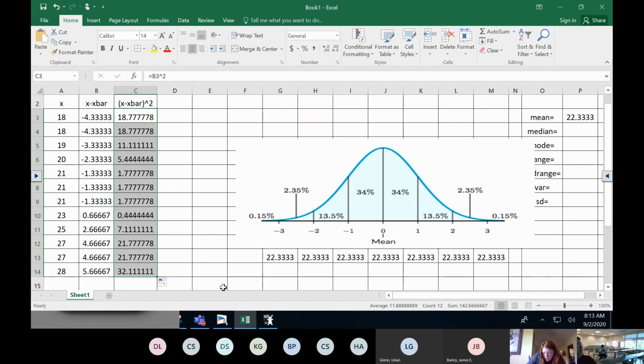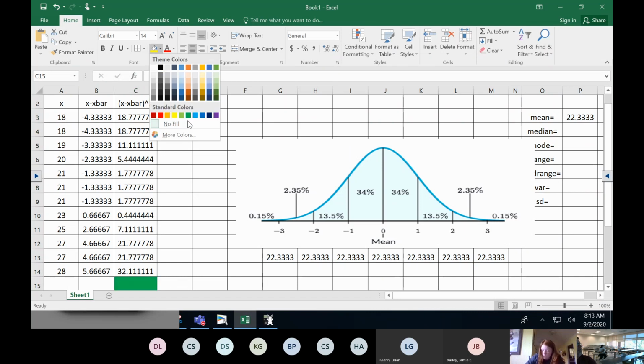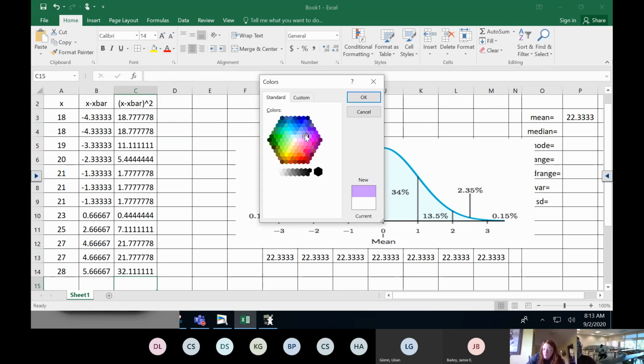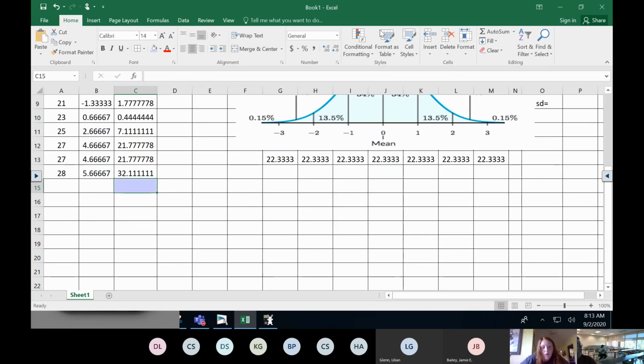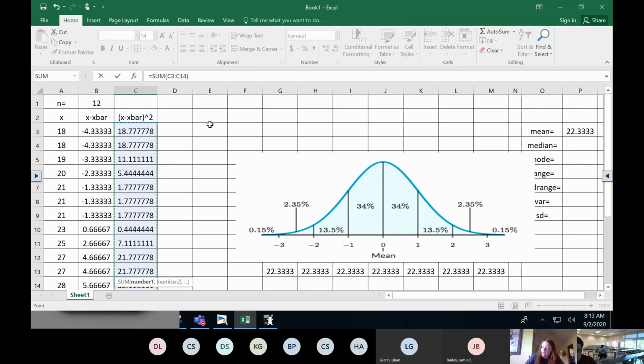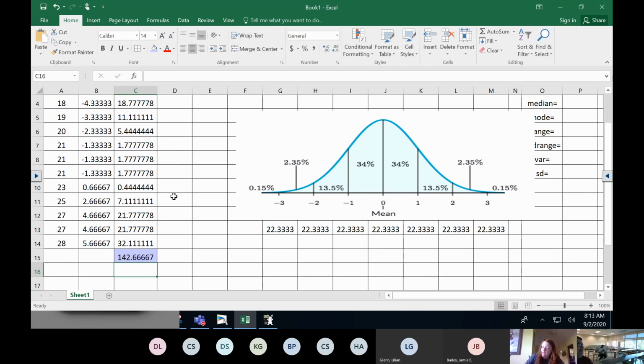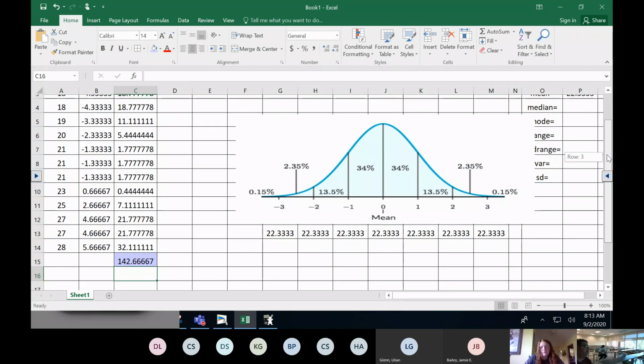And there's your numbers. And then, of course, the summation means you're going to add those numbers up, and we'll make that purple like we did the other day. But I don't like that purple, it's too dark. There we go. Make it a lavender. Okay, add those up and hit enter. And that is your numerator for your standard deviation. Now we went ahead and did that, so we won't have to do it later.